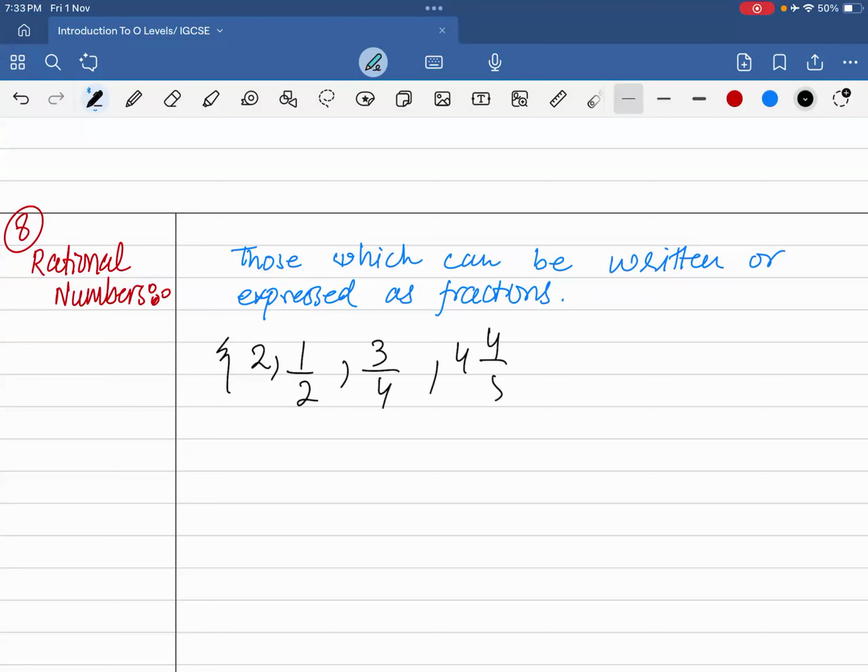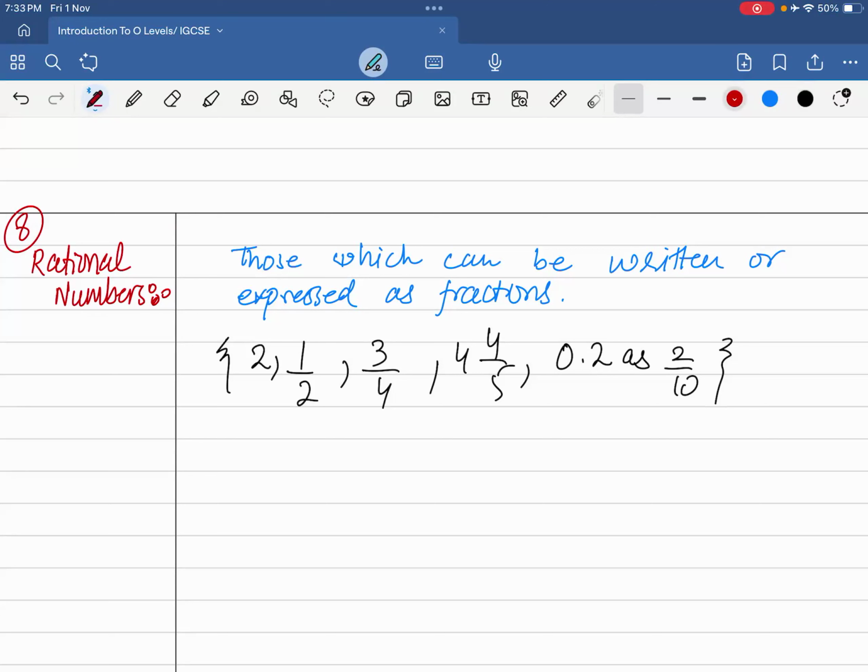A mixed fraction, or a decimal like 0.2, is also rational, because I can convert 0.2 as 2 by 10. If you can write a specific number in the form of a fraction, it means that particular number is a rational number.